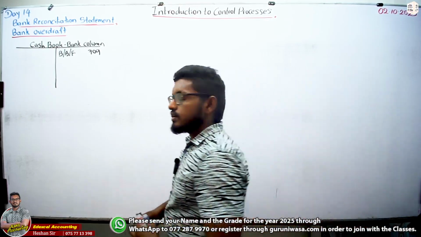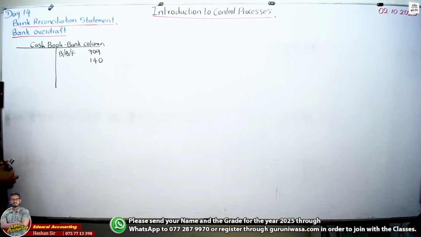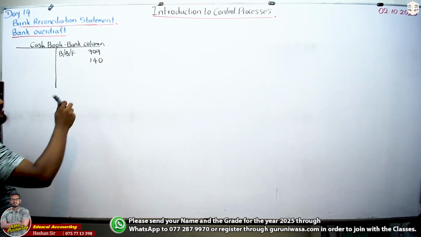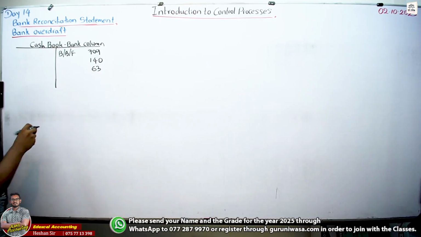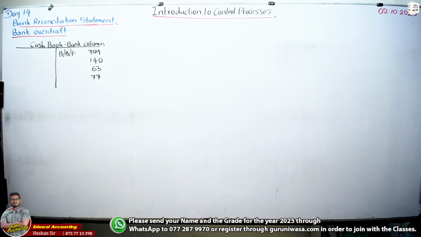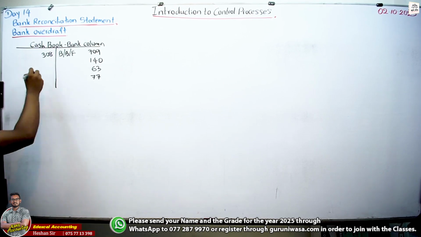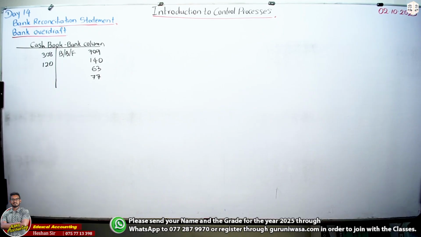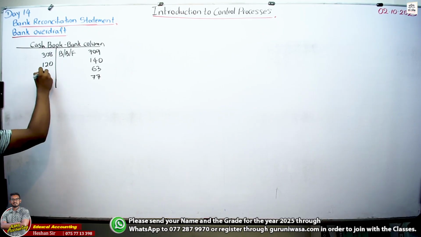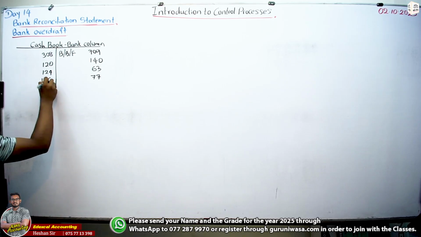So in here 140, then apart from that 63, 77, then 308 in here, 120, 124, 106.